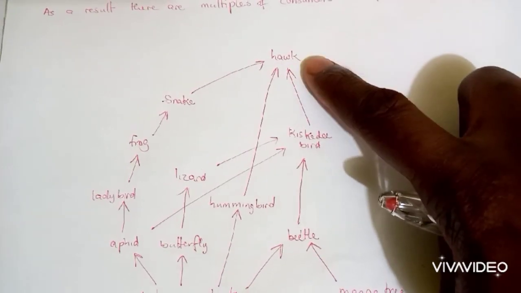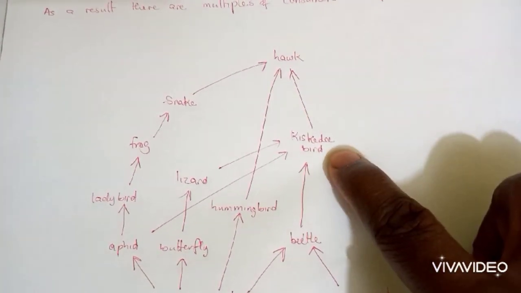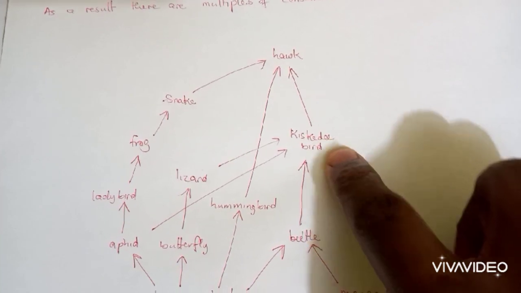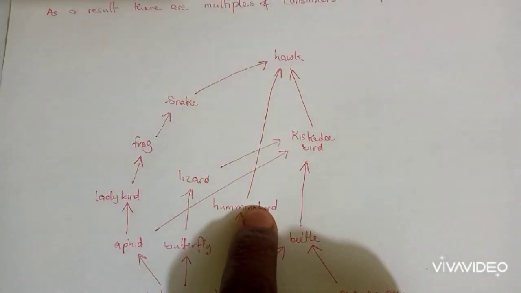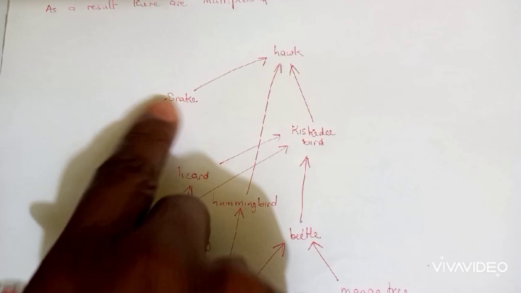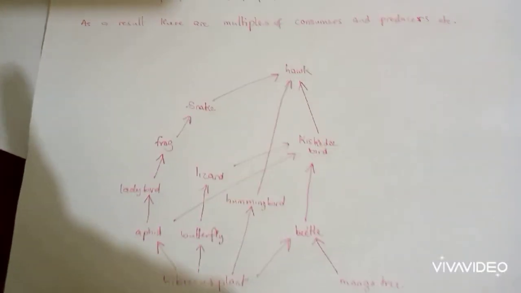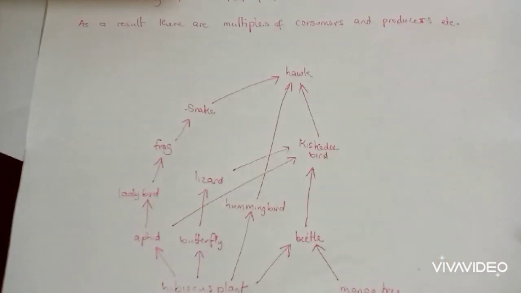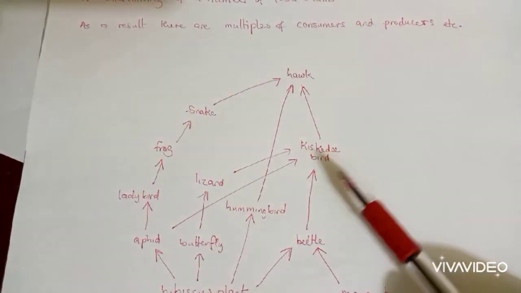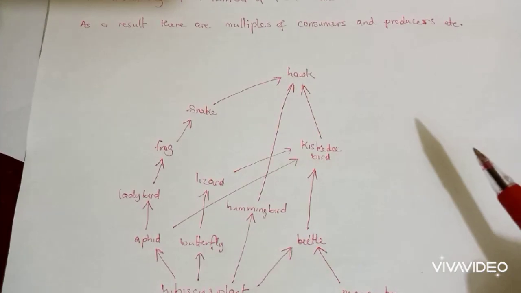As you can see, the auk doesn't only eat the kiskadee bird, it also eats a hummingbird and it feeds off the snake. So right off the bat we realize that with a food web, organisms can have more than one food source.